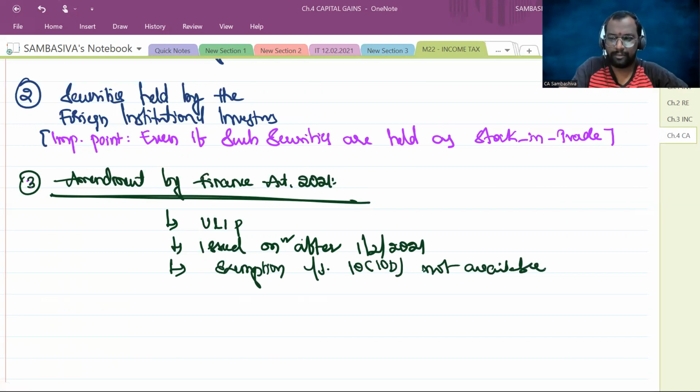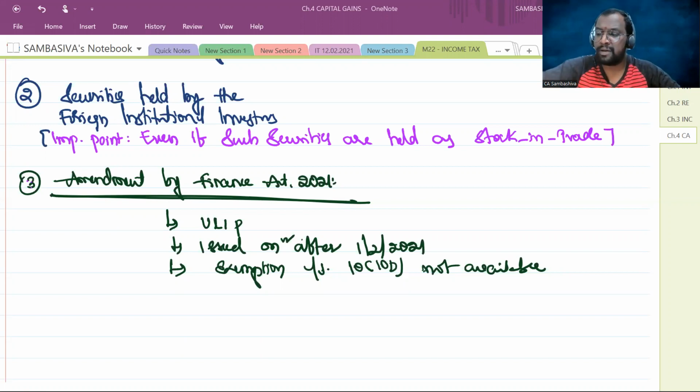So the asset must be a unit linked insurance policy, and that must have been issued on or after 1st February 2021. And the exemption benefit under section 10(10D) should not be available to such asset.